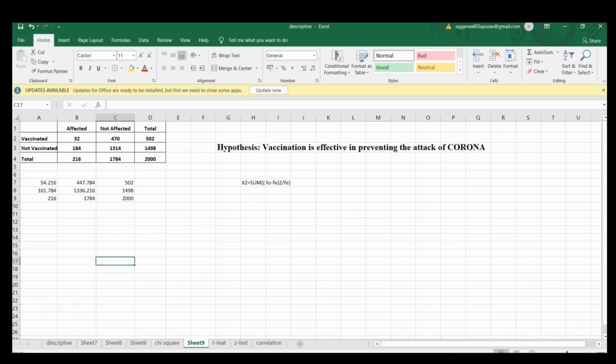We calculate as per formula: subtract the expected frequency from the observed frequency.